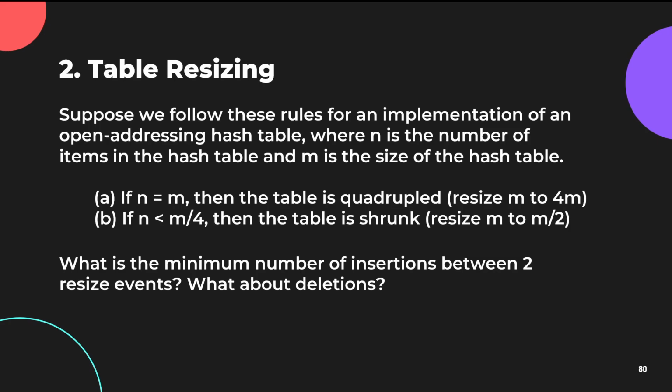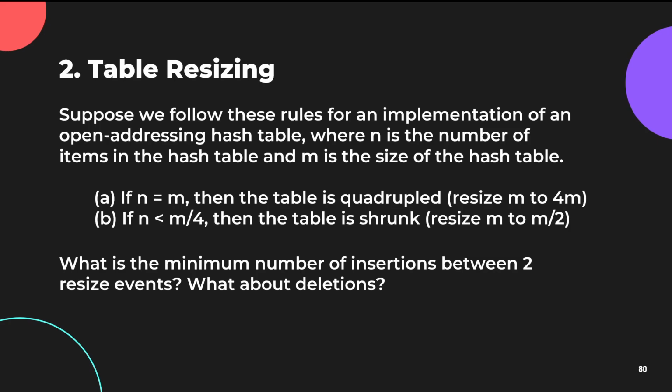So this will be quadrupled to 4 times. Then what will happen next? Then you delete 1 element. If I delete this part, then n is less than the new table size divided by 4. So that will trigger a shrinking.